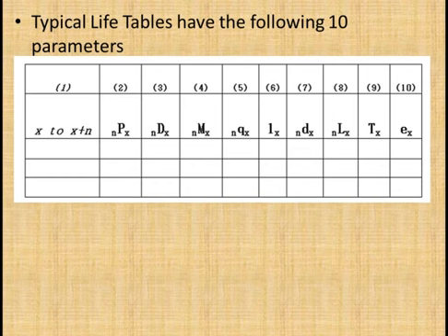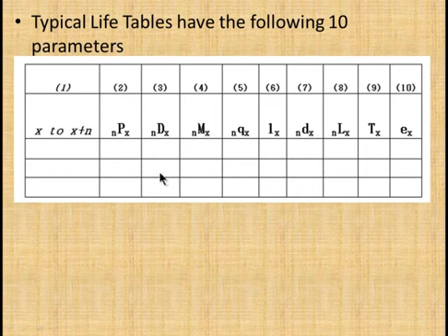So we are saying that the life table has a hypothetical population. This is simply the age group, and this is the total population you are given, total population broken down into various age groups. And then you are given number of deaths per population.